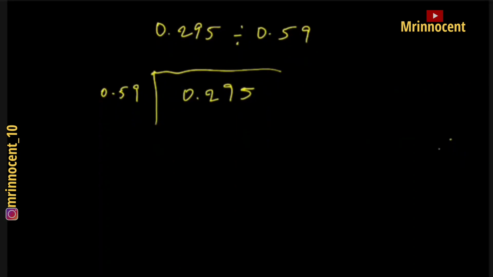First of all, you need to make your divisor a whole number. So you multiply it by 10 from left to right. So you have times 10, times 10. Move this one times 10, times 10.